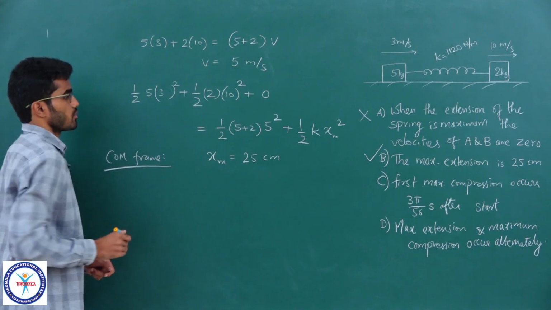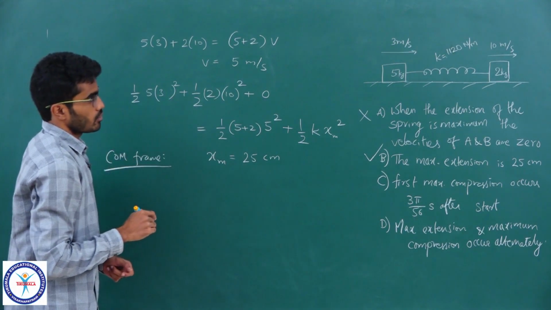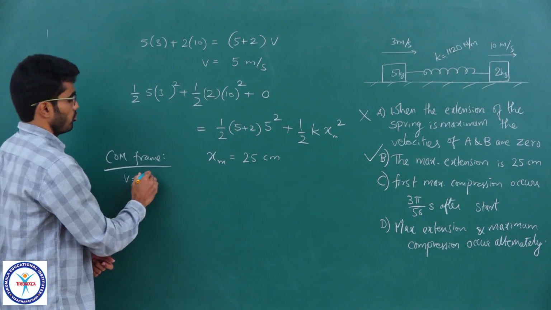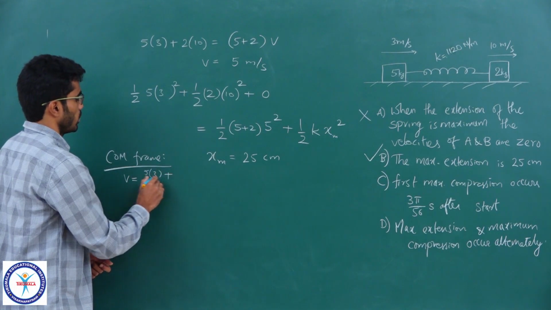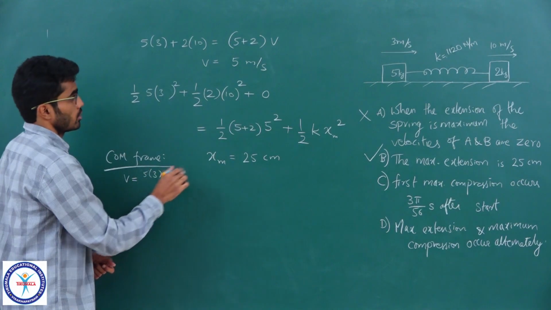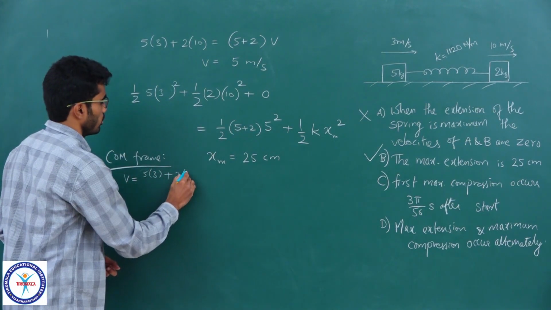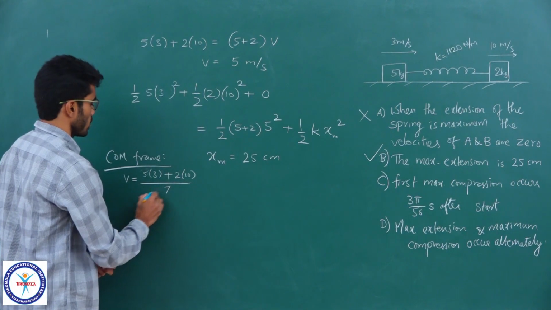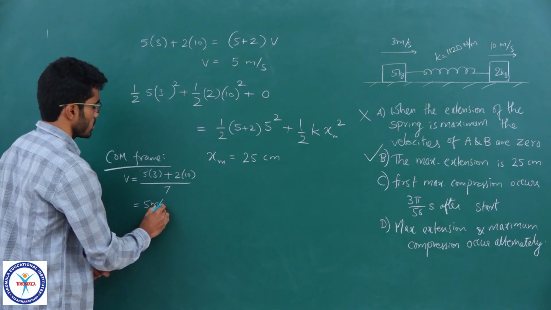You have to first calculate the velocity of center of mass. That is given by 5 into 3 plus 2 into 10 by total mass, which is 5 plus 2, 7. So, this will be 5 meter per second.